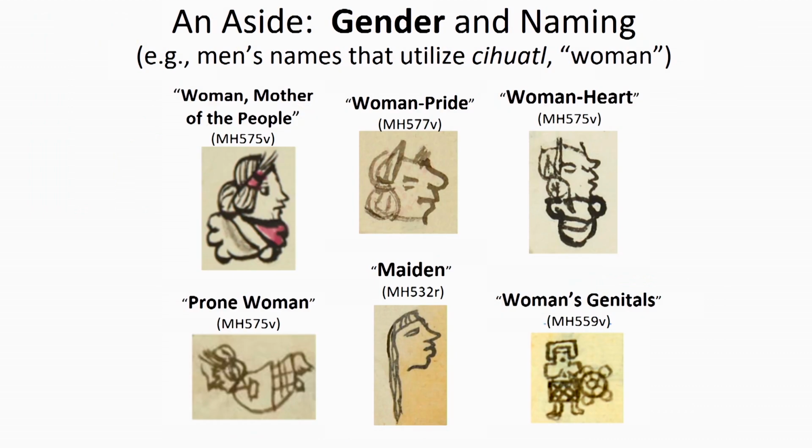Sorry, back this way. Now, just as an aside, the naming of men with the word siwat, woman, is not at all unusual. There are so many men who have the word woman in their names. So here are some examples. Woman, mother of the people, woman pride, woman heart, prone woman, not sure what's going on there, maiden, unmarried woman, and woman's genitals.